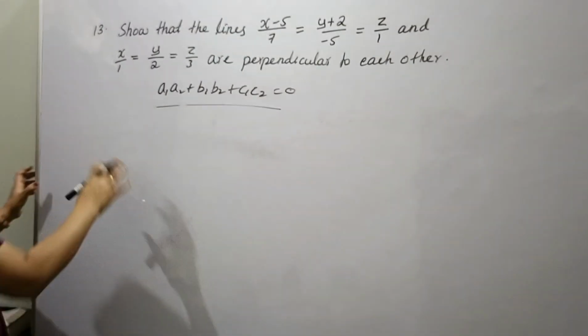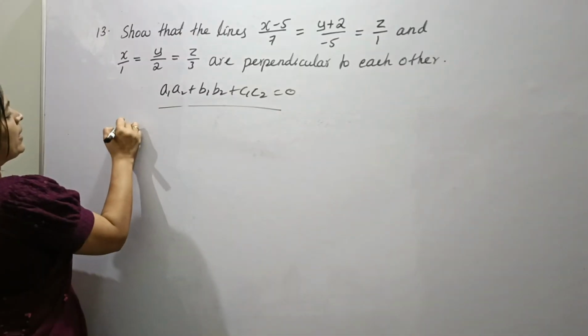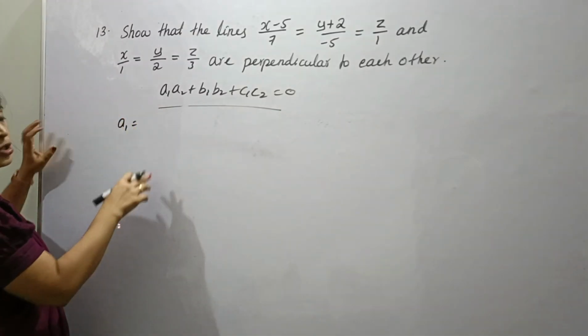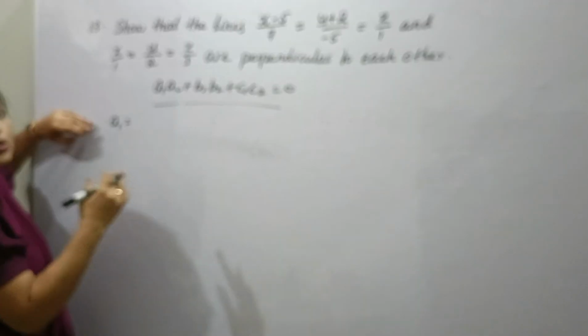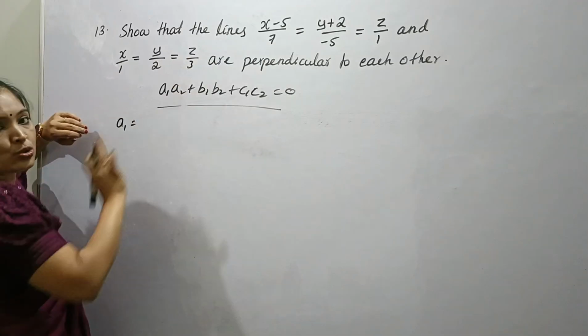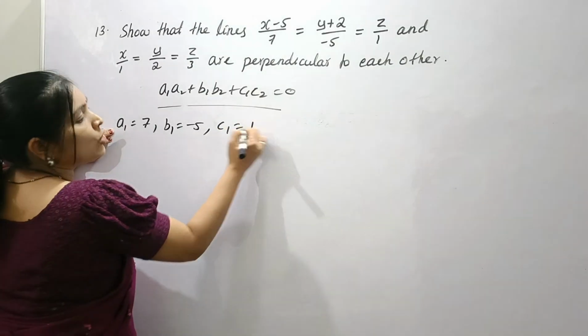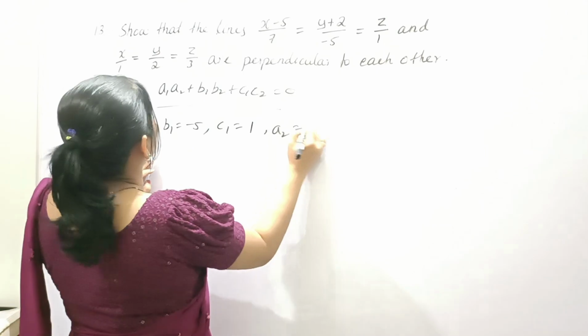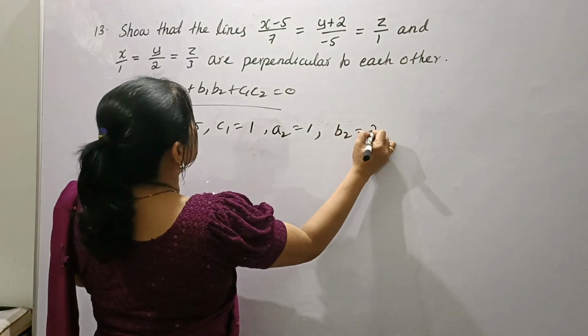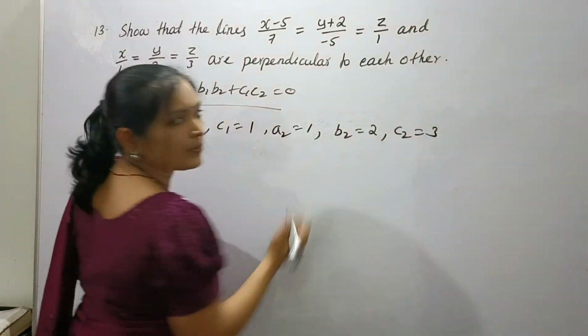So first of all, let's write the direction ratios. a1, b1, c1 and a2, b2, c2 are the direction ratios of these two lines. So a1 is equal to 7, b1 is equal to minus 5, c1 is equal to 1, and a2 is equal to 1, b2 is equal to 2, c2 is equal to 3.